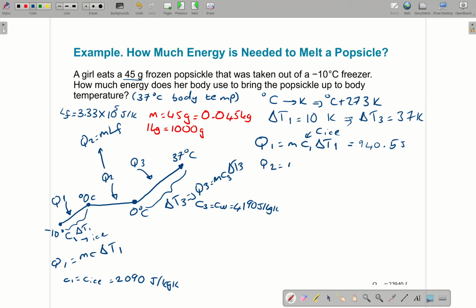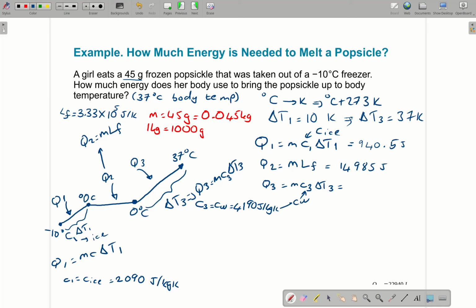Q2 is mLF for the water-ice mixture. Put in the values. You will get Q2 to be a large value because this value is large, 14,985 joules. Q3 is mC3 delta T3. This will be water.